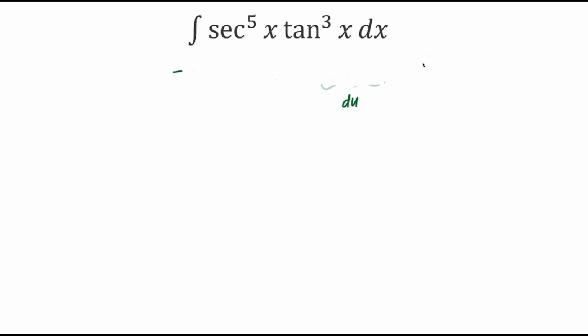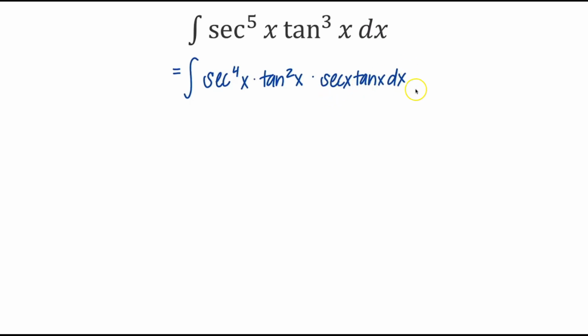So let's actually do the right one. Let's save a copy of secant x tangent x. So we're going to have secant to the 4th x tangent squared x, and then we'll have that copy of secant x tangent x dx left over in the back. Now we know that this is going to be du, so our u would have to be secant.